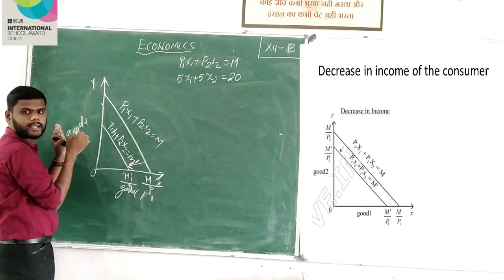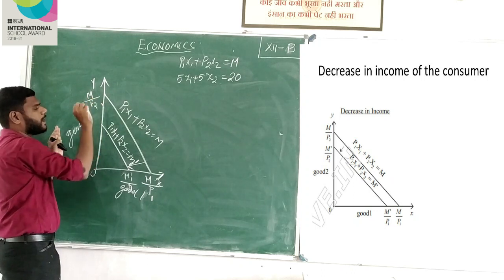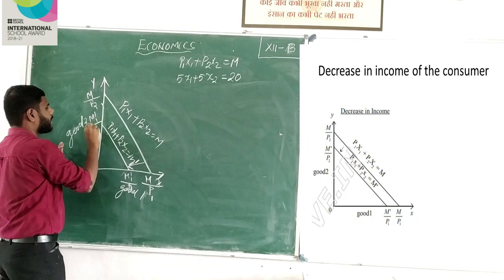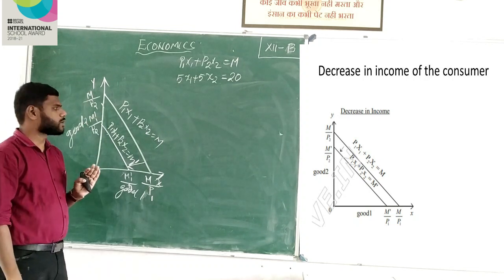What will happen to the vertical intercept? Here the vertical intercept is M divided by P2. It will shift to M dash 1 divided by P2.